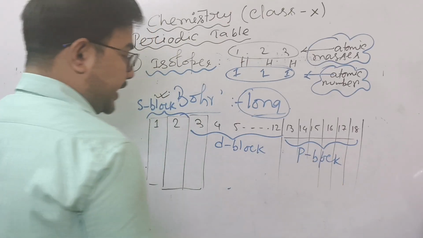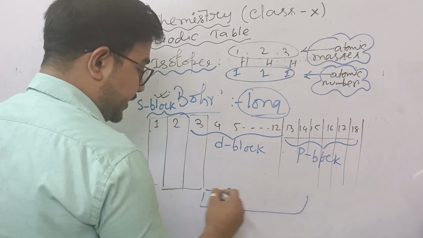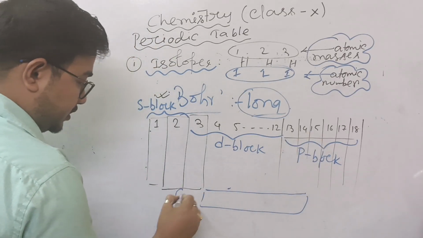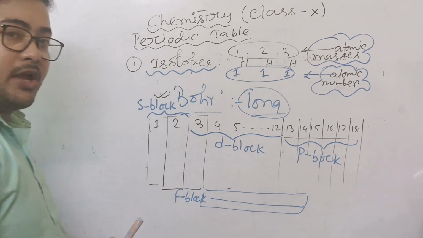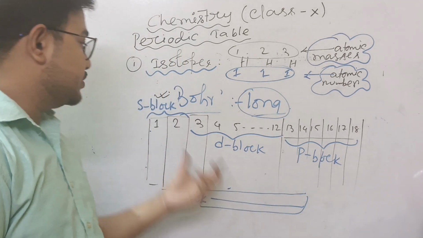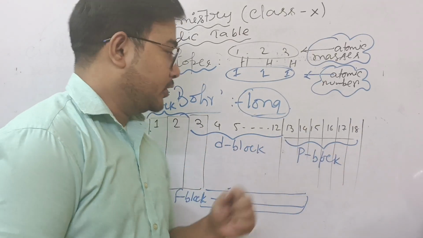And the F block is written at a lower position, so we don't discuss the F block right now, later we will discuss. So first 2 S block, then 3 to 12 D block, then 13 to 18 P block.